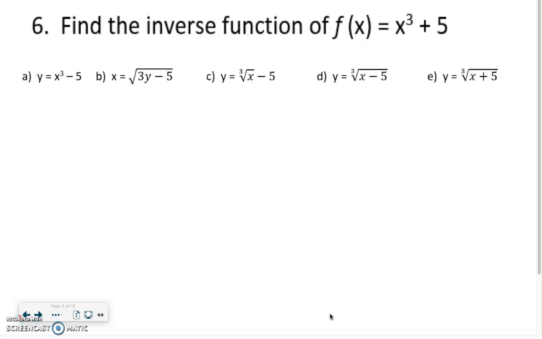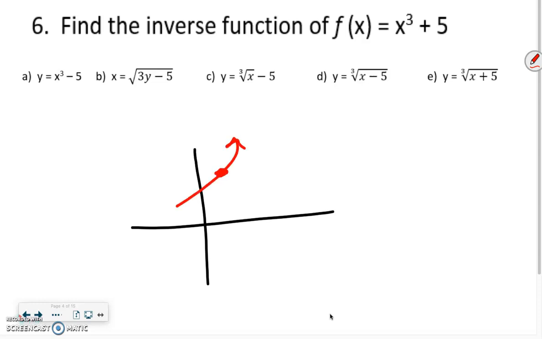So if you have a function f of x, and we have this point at (2, 5), we know that the function f inverse of x is going to have that point flipped at (5, 2). That's absolutely what's going to happen. It's not a sometimes, but an all-the-time thing.